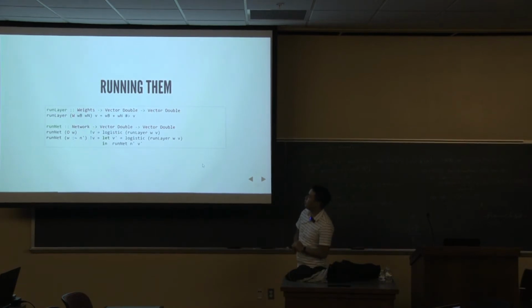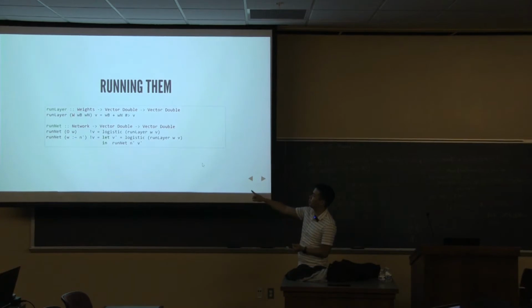Running the layer is simple: given an input v, you multiply by the weights and add the bias. Running the network is just running through each iteration, basically a fold. Is it a left fold or a right fold?